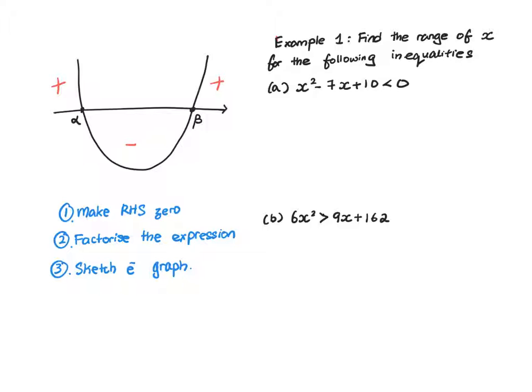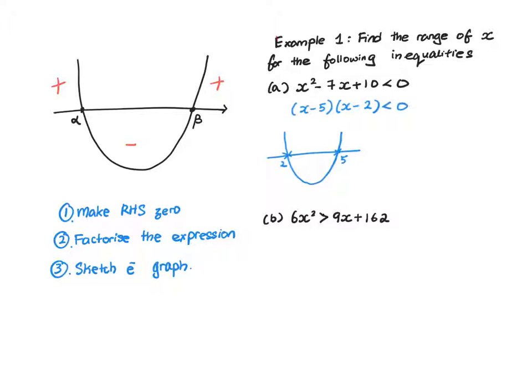Factorizing x squared minus 7x plus 10, I get the inequality x minus 5, x minus 2, less than 0. Now this is where I go to my graph and sketch it out, and I plot the points 2 and 5.